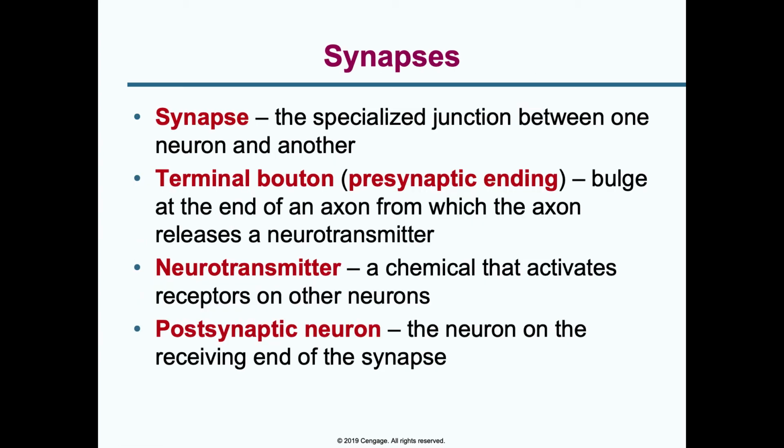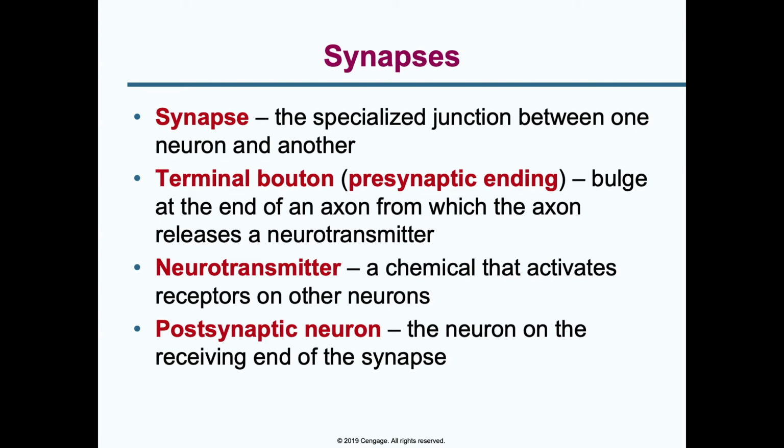All right, there are a number of other terms related to these neurons and how messages travel across them, called synapses, and there are a number of terms related to synapses. A synapse is a gap or a space between one neuron and another, and the ending of one neuron is called a terminal bouton, where there's a bulge.